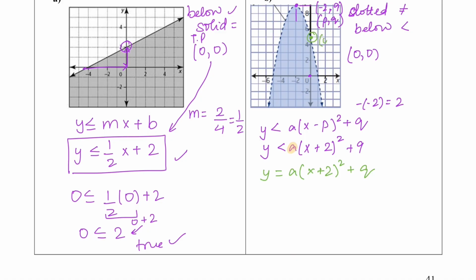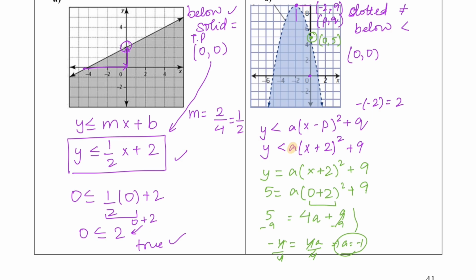So we have 0, 5. 5 is equal to y. a times 0 plus 2 squared plus, q was 9. This is 2. 2 squared is 4. So 4a plus 9. Subtract 9 on both sides. You get -4 is equal to 4a. Divide 4 on both sides. You get a is equal to -1. I need to sub that into this. So it'll be y is less than -1.